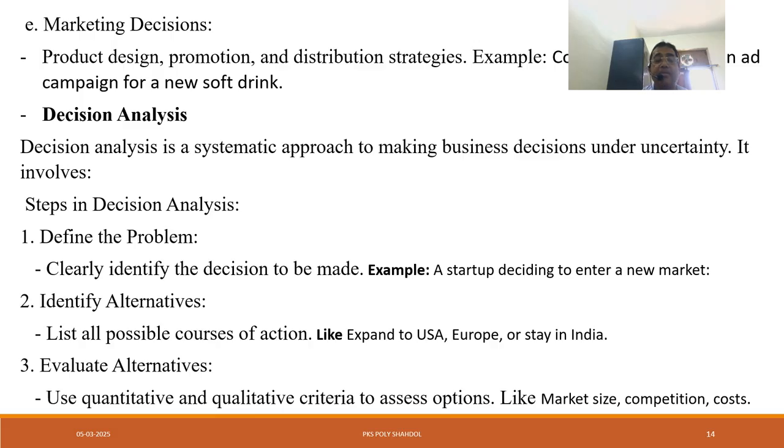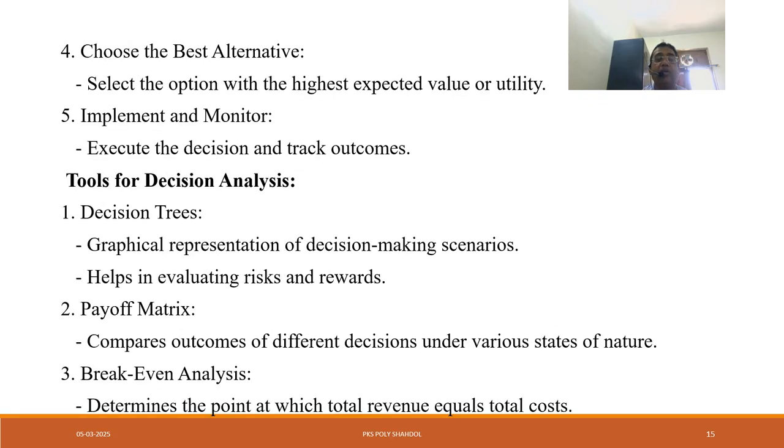Identifying alternatives means listing all the possible courses of action, like expansion of our business in USA, Europe, and after that, if we will stay in India. Evaluate alternatives means use quantitative and qualitative criteria to assess the options like market size, competition and cost.